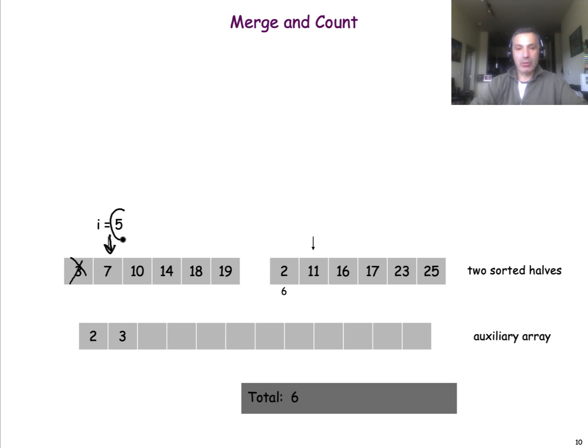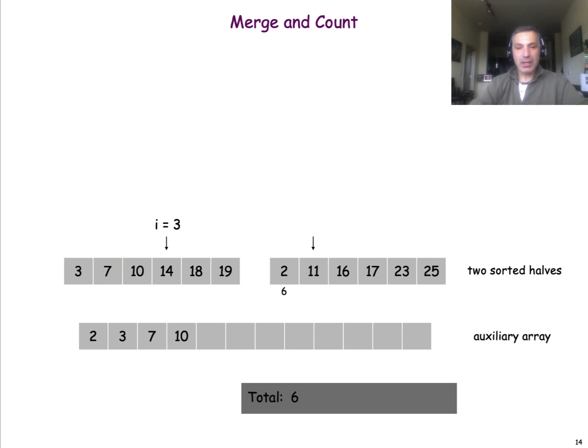Of course, we also need to decrease the counter because now we have 5 remaining elements in this array. So now we are comparing 7 with 11. Again, there is no inversion here, so we move the 7 into the output array. Here we have 10 versus 11. Again, there is no inversion, so we move 10 to the output array.